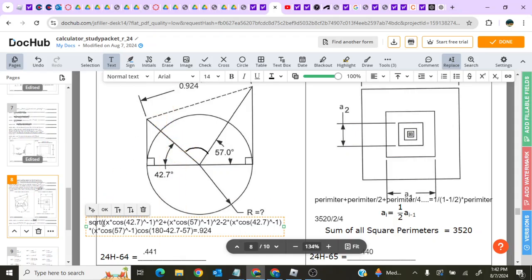That gets you this side right here, squared, plus the other side squared, which is done by the same method, minus 2 times one side, times another side, times cosine of your angle. And that value has to get you 0.924. To do that, you get an R value of 0.441.